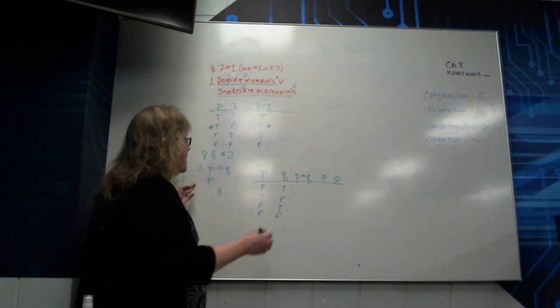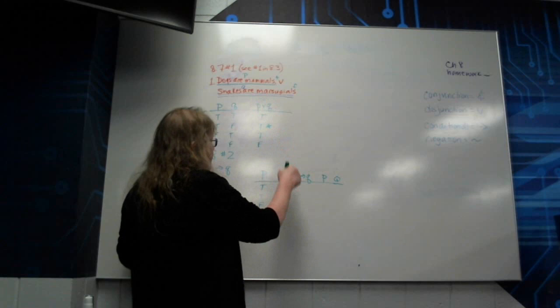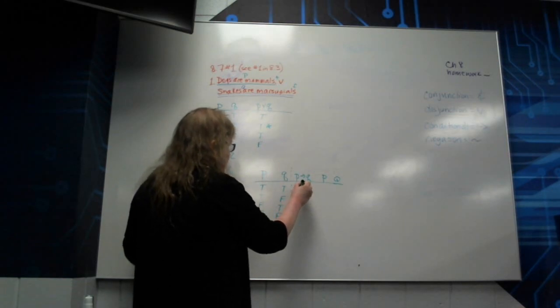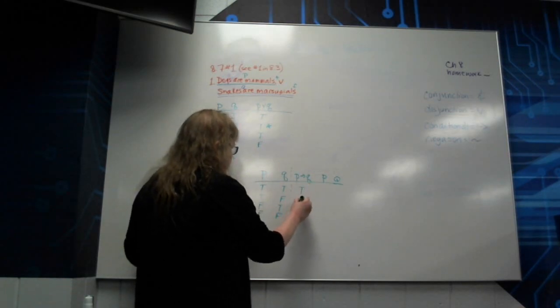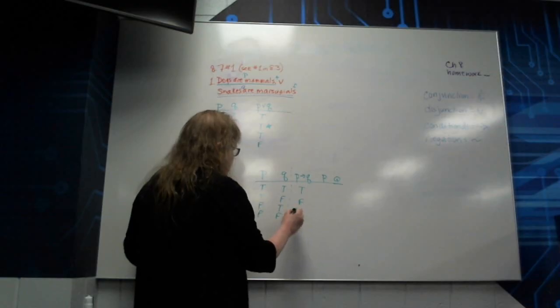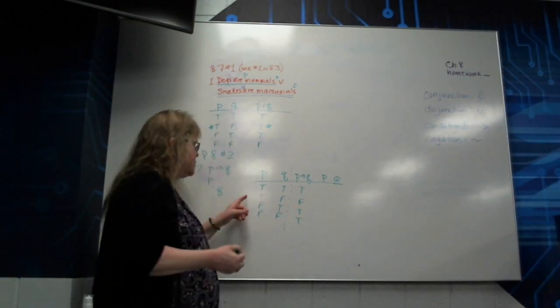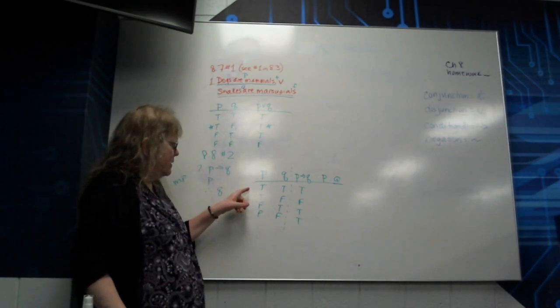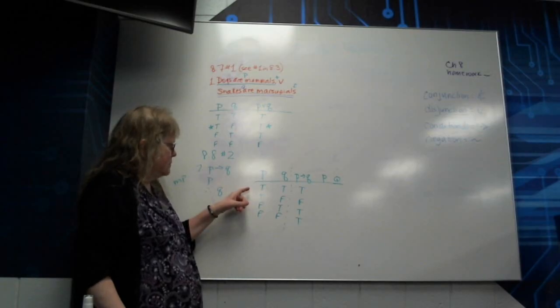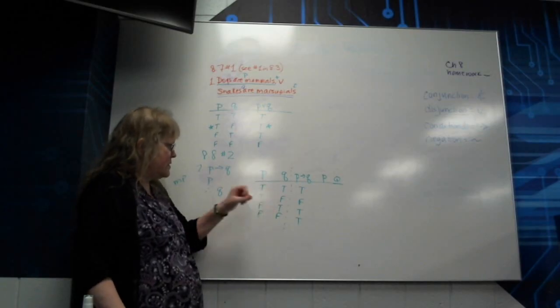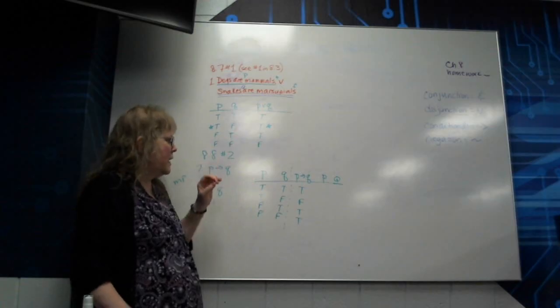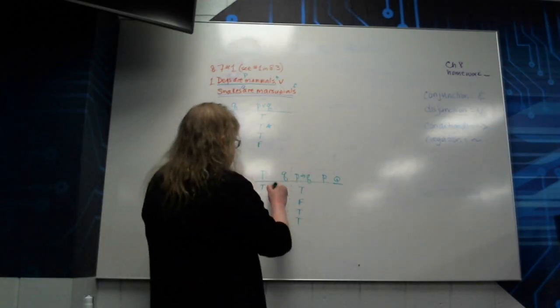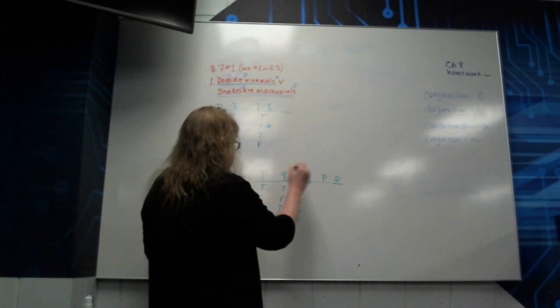I just like to do it. So if P then Q, we know is true, false, true, true. The only one that's false is when the antecedent is true, but the consequent is false. You get false.